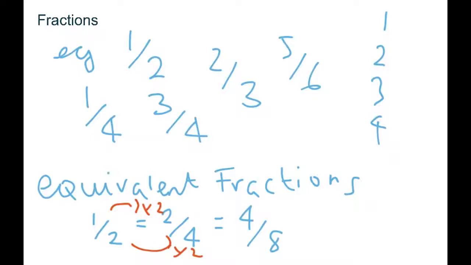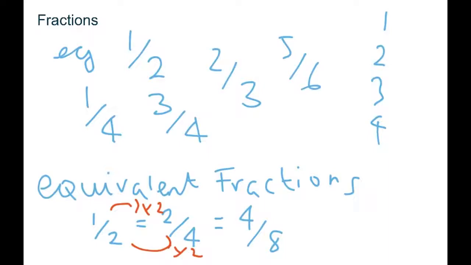In this case, the half is what we would term the simplified fraction, or the most simple fraction. We can't reduce the half, we can't divide the top and bottom by 2. Whereas 2 over 4 or 4 over 8, we can divide. There are numbers that go into both 4 and 8, or 2 and 4, and that is 1 and 2, 1/2.